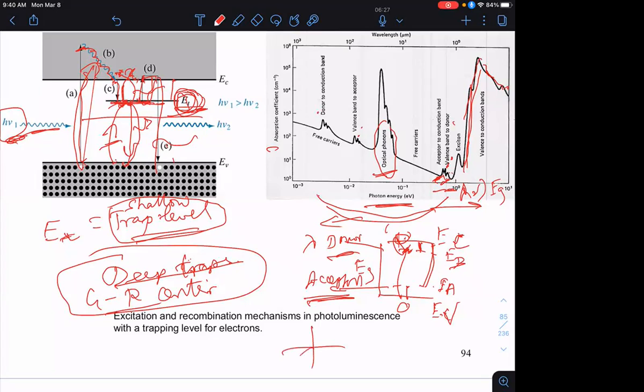You may recall that in an indirect semiconductor, if I plot E as a function of K, the minimum in the conduction band is at a different value of K as the maximum of the valence band. And that generally involves a phonon to carry out the momentum change, and then a photon. So it involves a photon for the energy part and a phonon to carry the momentum.